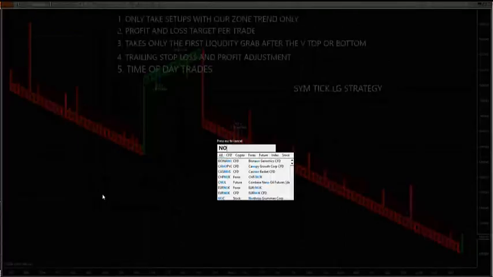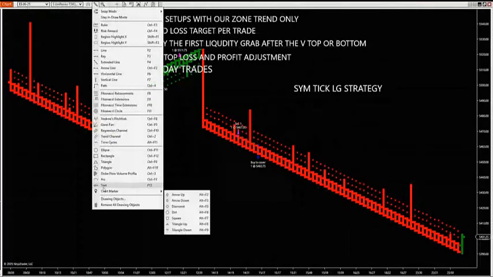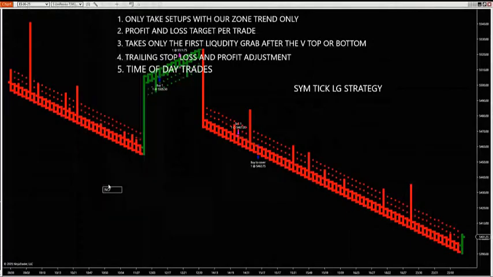From the old version to the new version, we can now use larger Renko sizes because we have a defined stop and profit target per trade.